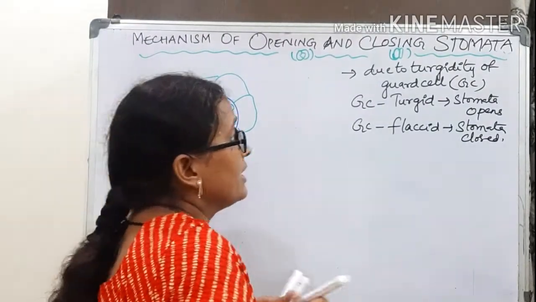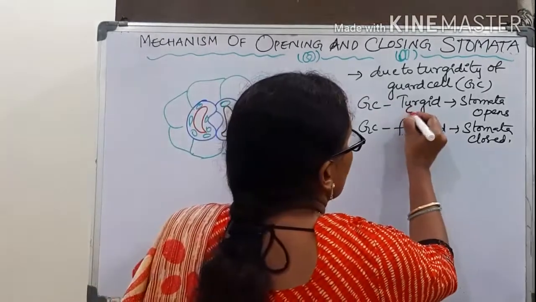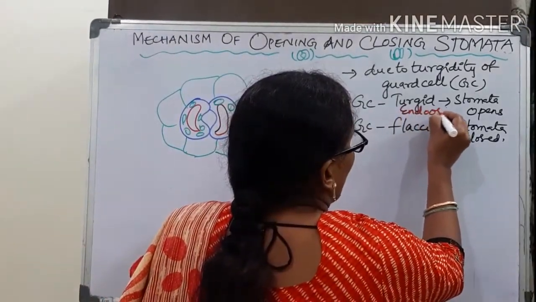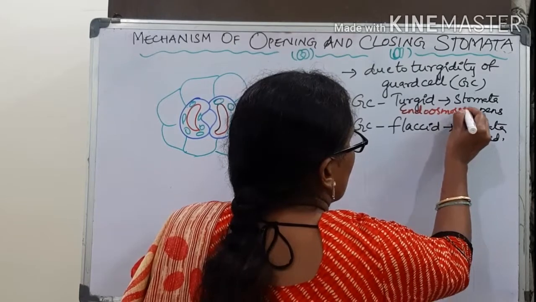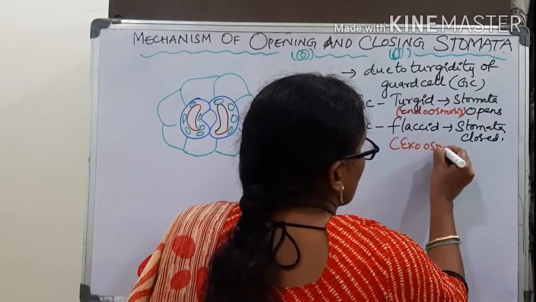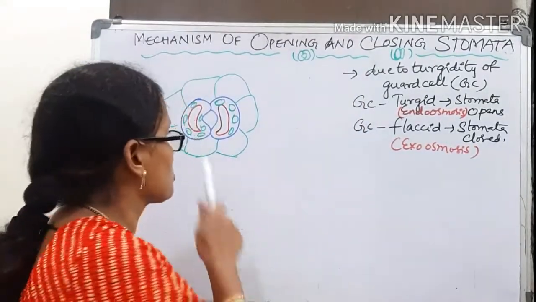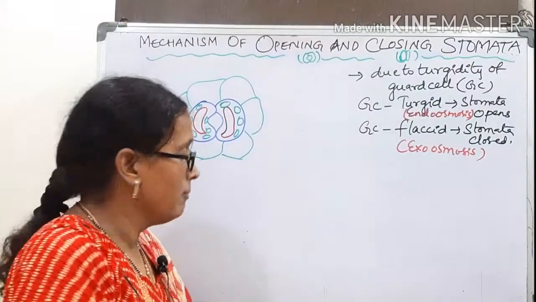They are turgid due to endosmosis, and they are flaccid because of exosmosis. Once again we will recollect the structure of the stomata.